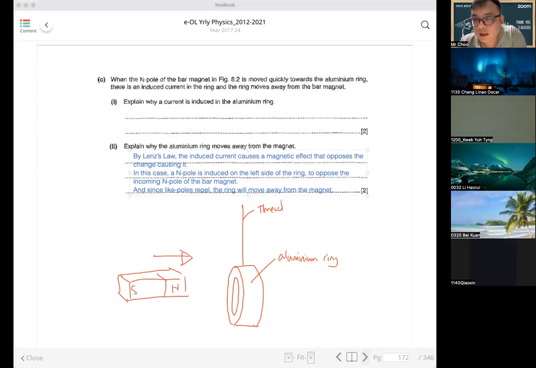Okay, Oscar. Well done. Oscar, can you talk about Lenz's law? Yeah. Then you make it seem like you know your stuff very well.